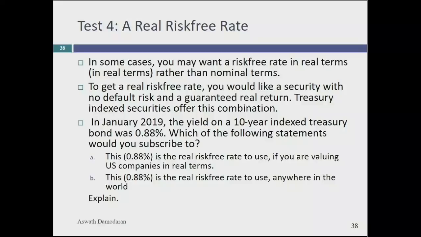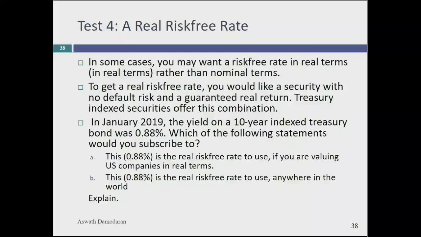If you lived in a world where capital can flow freely across markets, I know we don't live in that world, real risk-free rates have to converge around the world. Do you see why? Because about a 5% real risk-free rate in one part of the world and a 2% real risk-free rate in another part of the world, what should happen? Money will leave the 2%, go to the 5%. So if you make the assumption, it's a very strong one, that capital flows freely, you can do your valuations using the 0.88% as your real risk-free rate.